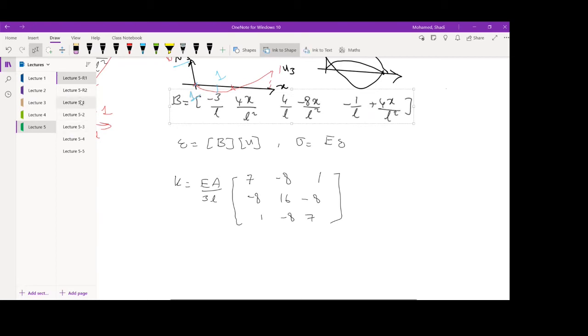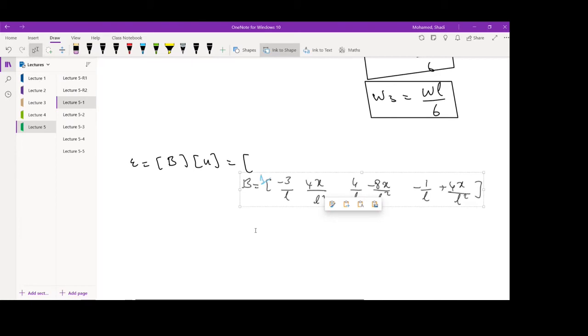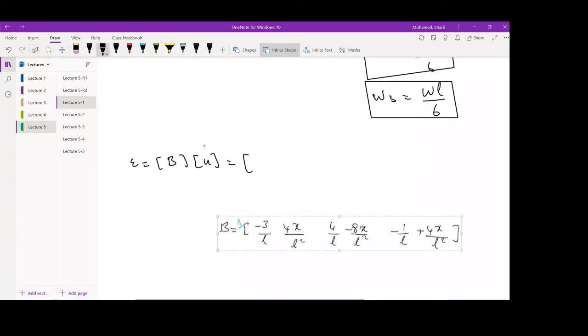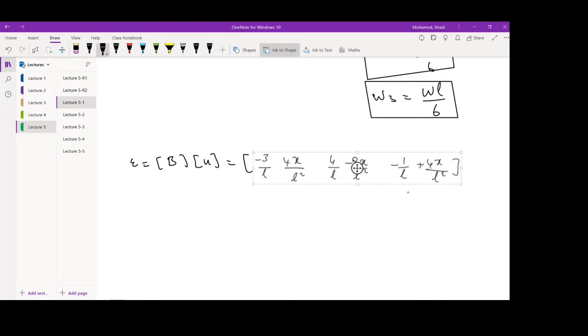I'll just take it here, delete these parts, and then move these ones to the top. Okay, so this is the B matrix. We multiply it with the displacement vector.